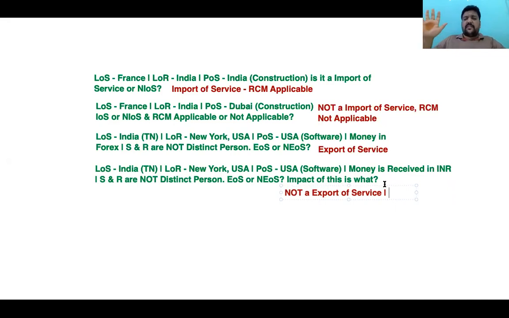Some kind of forex, Singapore dollar, Australian dollar, Dubai dirham, something, but not Indian currency. Sir, am I allowed in Indian currency? Yes, you are allowed in Indian currency only if it is a permitted transaction. What do we mean by permitted transaction? If you are going to supply goods or services to Nepal or Bhutan, then it is a permitted transaction. Let me repeat, it's a permitted transaction.